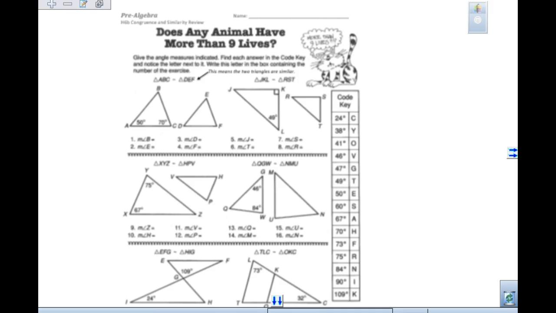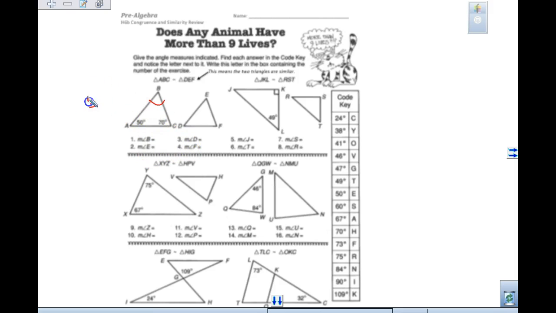As you look at the back and you're looking at the similar, what do you know about all 3 angles inside a triangle? They have to sum to how many degrees, Kylie? 180. So I want you to look at this first triangle. They have 50, 70. Can you find this angle? Yes, to find angle B, I'm going to take 50 plus 70.